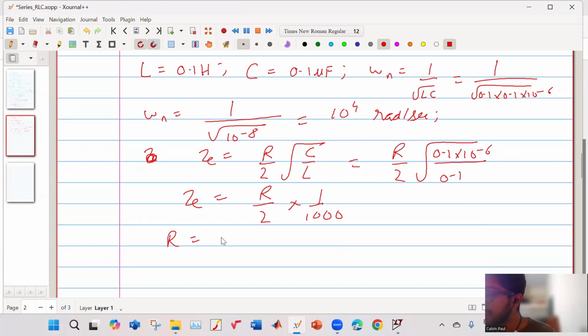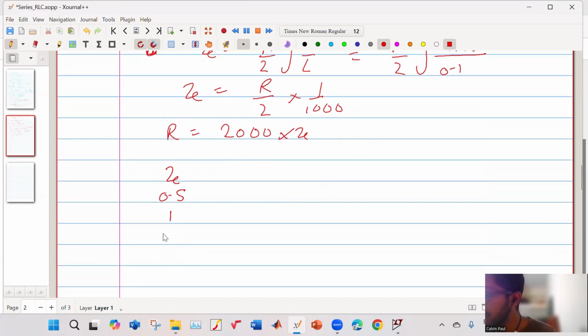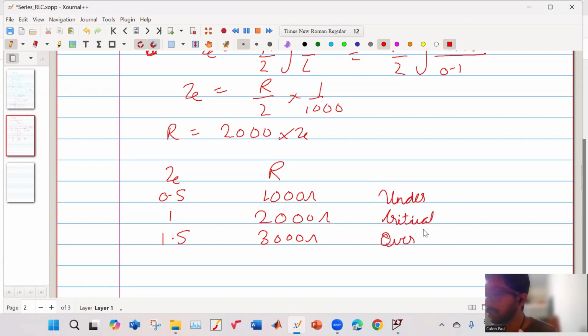So my R is 2000 into the damping. So I consider three cases. My damping was 0.5, 1, and 1.5. So my R in this case will be 1000 ohm, which we used, then 2000 ohm, and then 3000 ohm. So this is the underdamped case, this is the critically damped case, and this is the overdamped case. Okay, so that is why I chose these values of resistors, right?